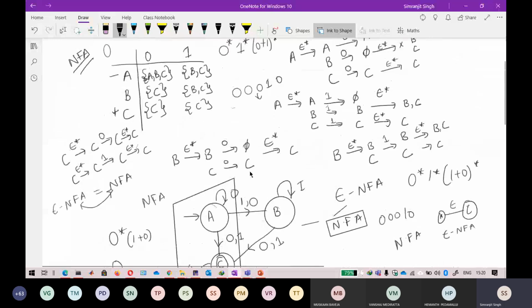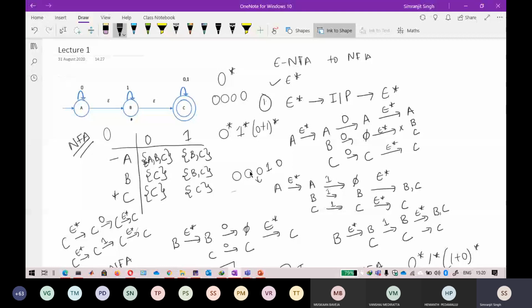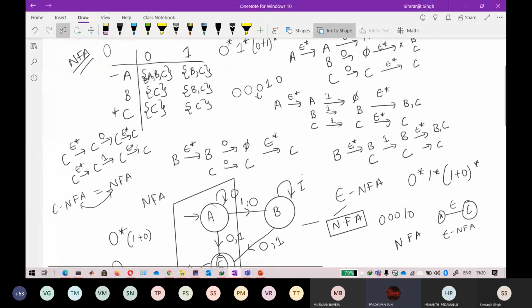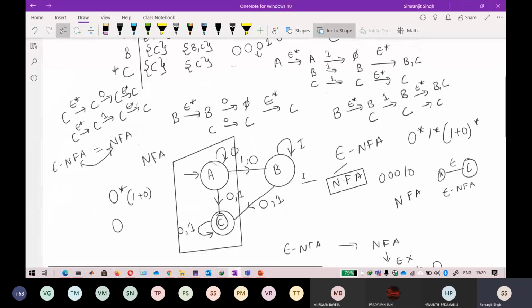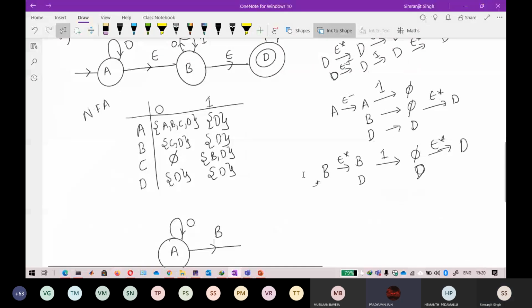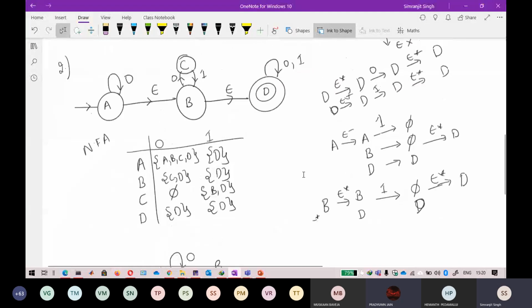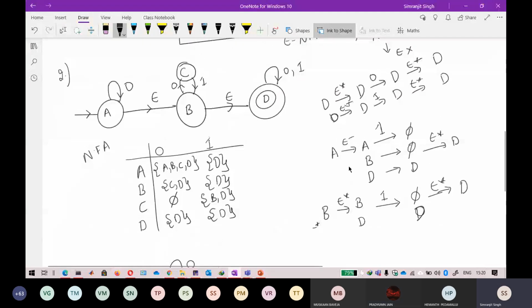Just let me look at this. Sir, why didn't we consider C in the epsilon closure of A? In the epsilon closure of A, we had A, B, and D, but we haven't considered C in this.